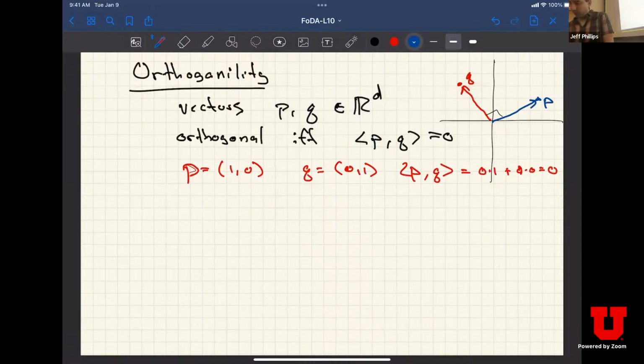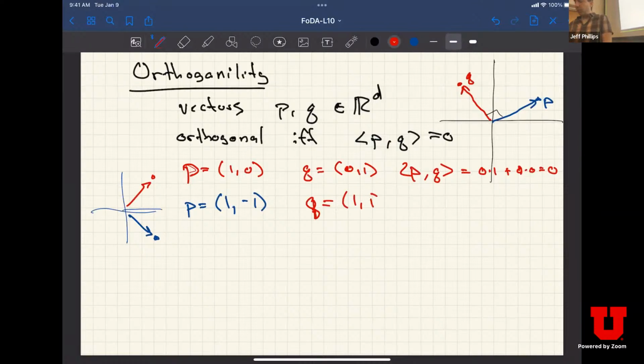I'll give you a slightly more complicated example. Let's say P is equal to 1 and minus 1. Okay, so let's draw this example here. P is going to be now 1 and minus 1. Now I'm going to make Q up here. So now Q is going to be 1 and 1.